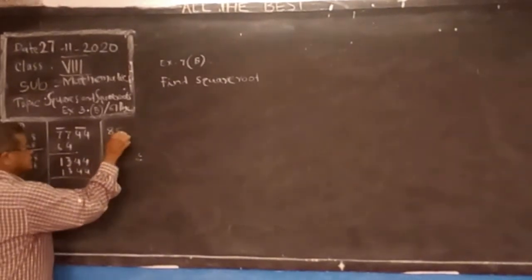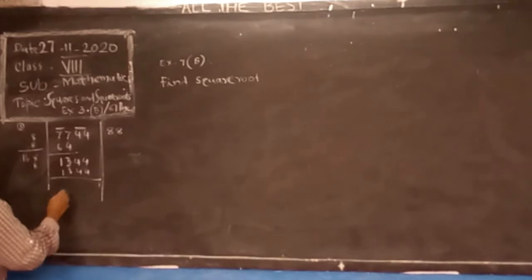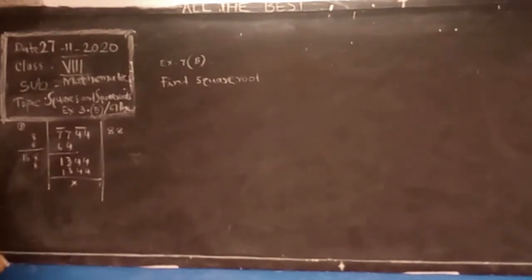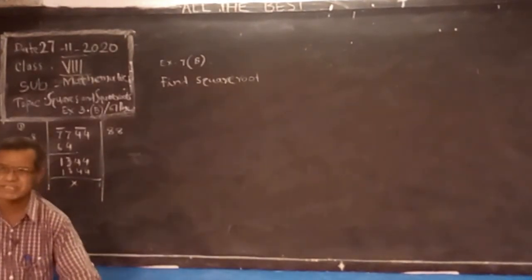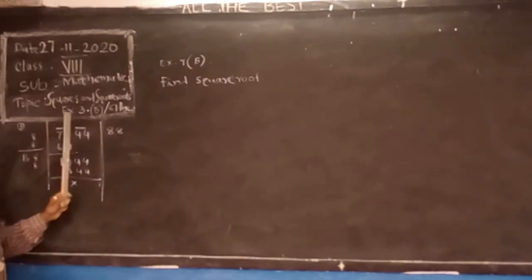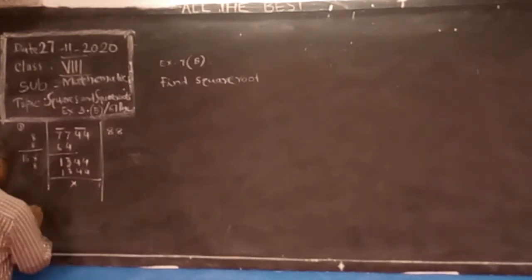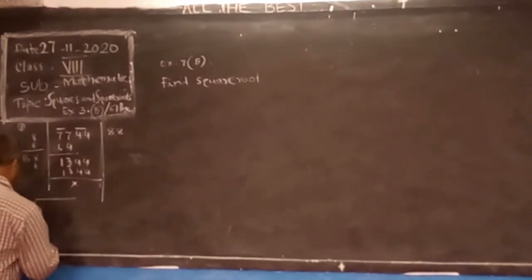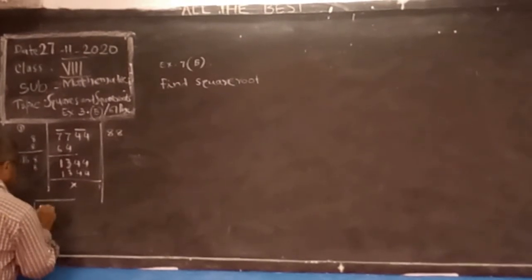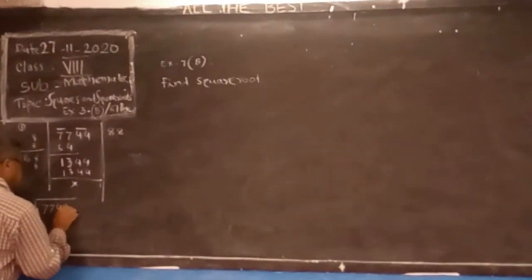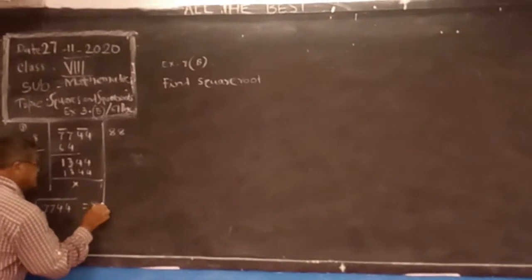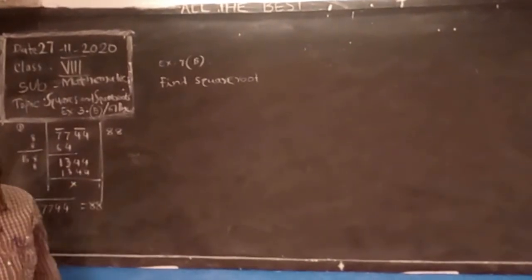So it is divisible by 88. 7744, yes. 8 eights are 64, 7 minus 4 is 3, correct. Now the remainder is 0. One thing: when we get remainder 0, then it is a perfect square. For an imperfect square, we won't get remainder 0. Therefore, the square root of 7744 is equal to 88.